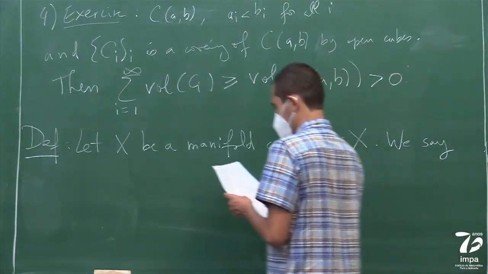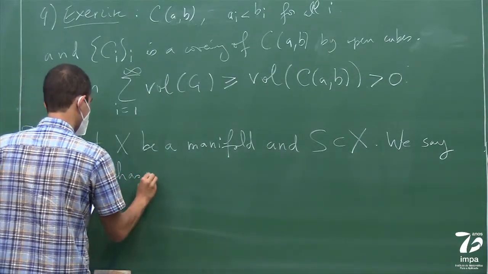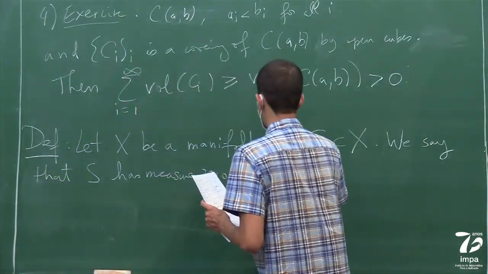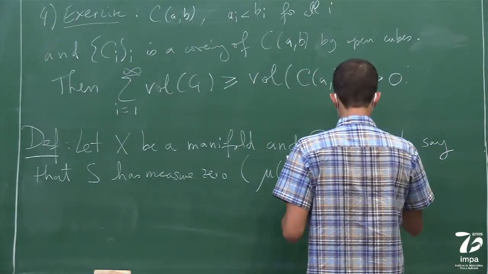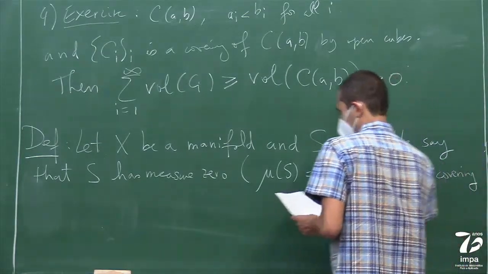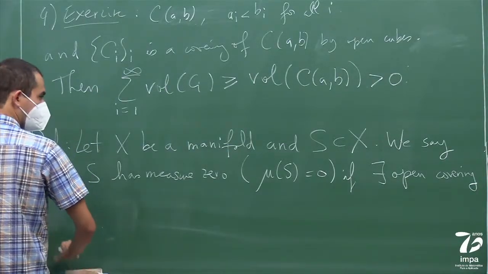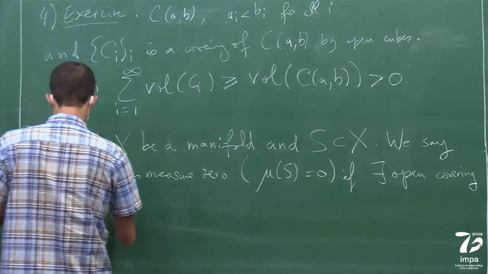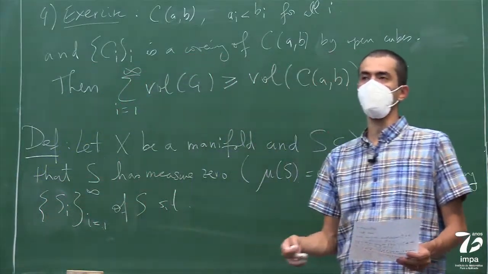We say that S has measure 0, and sometimes I'll write it like this, mu of S equals 0, if there exists a countable open covering Si, i equals 1 to infinity of S, such that Si is contained in the domain of a chart.